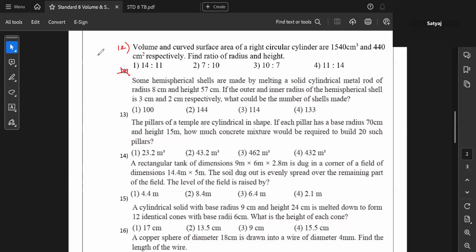Sir, am I still cracking? Yeah, sir, your voice is cracking again. Oh my God. Just a minute. Sir, whenever you move to the whiteboard or the document, your voice starts cracking.